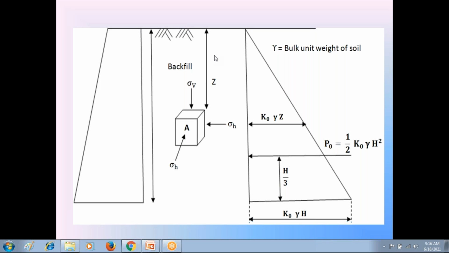Any doubts, students, in this at rest horizontal earth pressure?